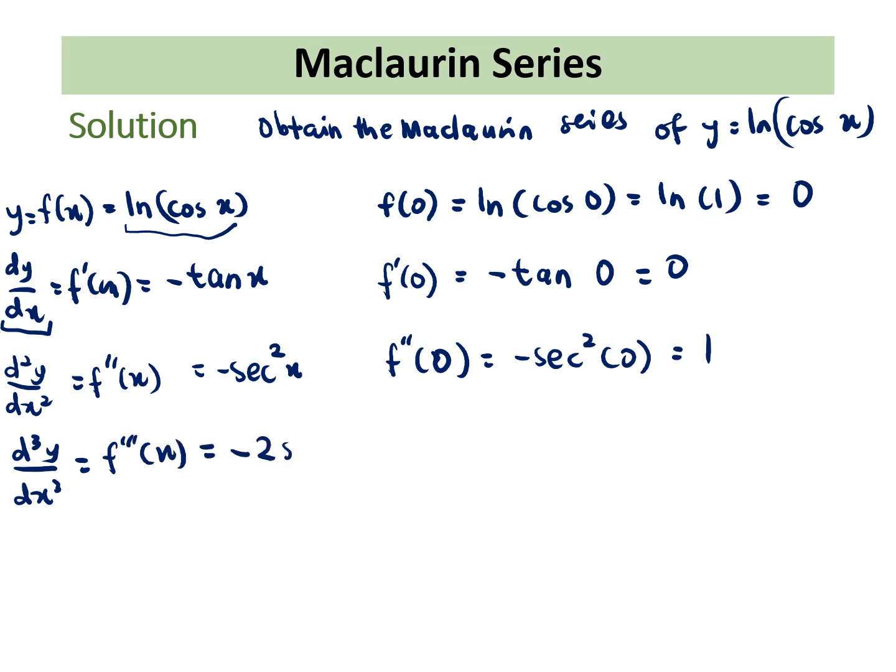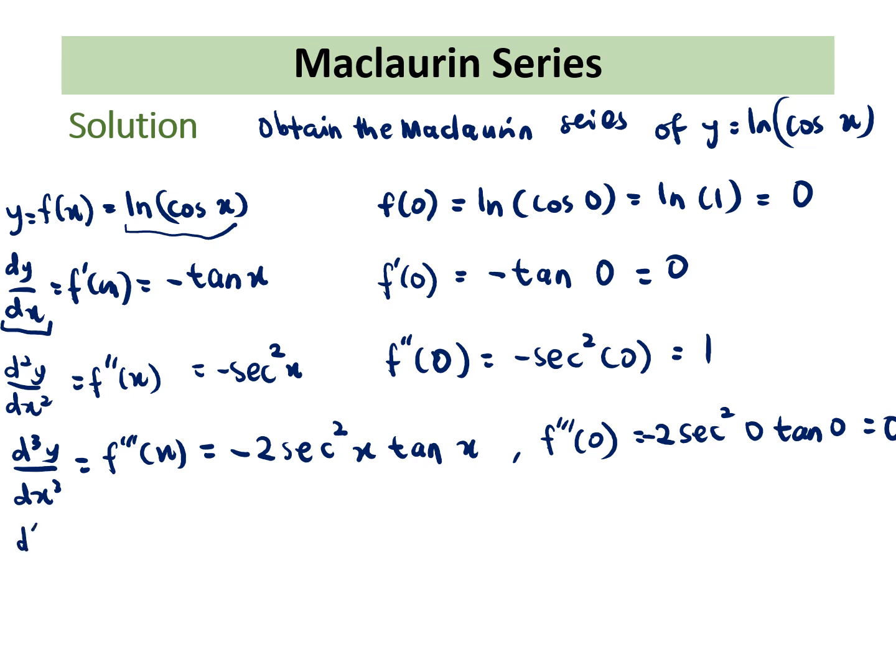It will be negative 2 secant squared x tangent x. And then substitute x equals 0. So we have negative 2 times secant squared 0 times tangent 0, which equals 0. And the last one is the fourth derivative.